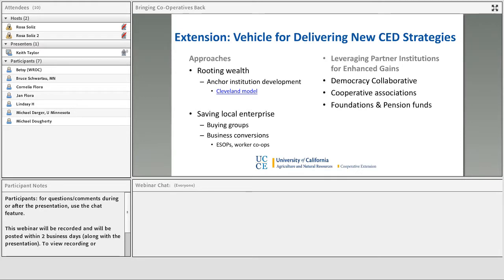Again, the Democracy Collaborative has recently created a fund, but there's examples such as the Isle Cooperative in Maine, where a husband and wife owned a series of retail outlets. They needed to retire, and instead of just letting the business go under, they sold it to the staff. And the staff have converted the hardware store, the gas station, and grocery store to a cooperative. Now these businesses are going to stay in the community and are going to be run by the very people who have a very strong stake in its success.